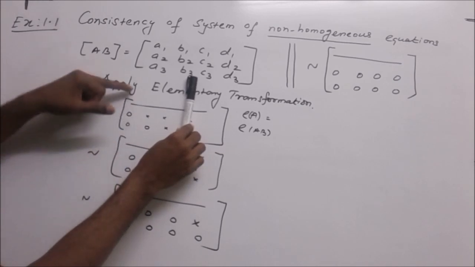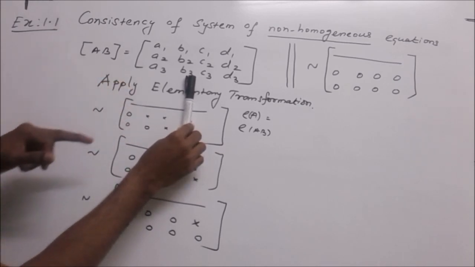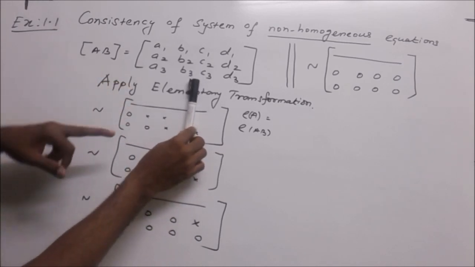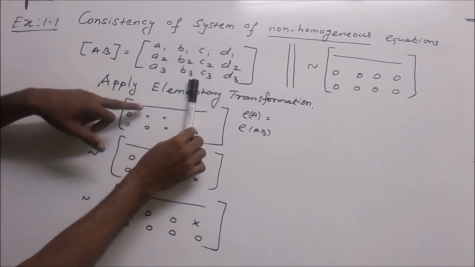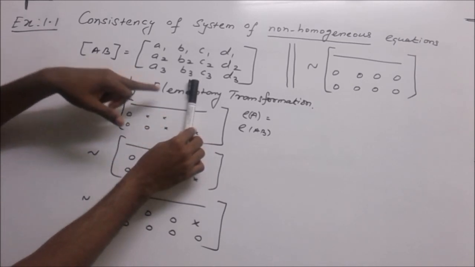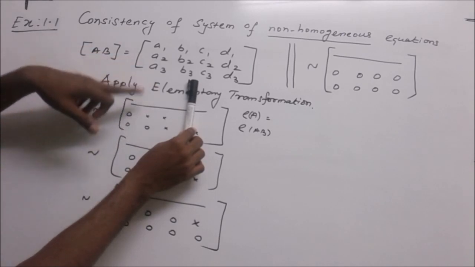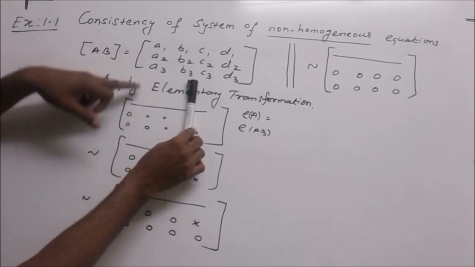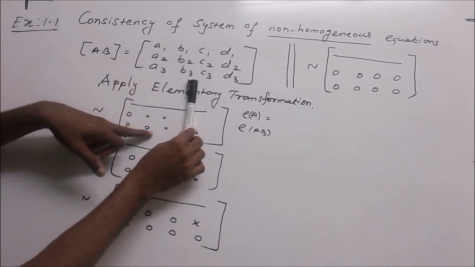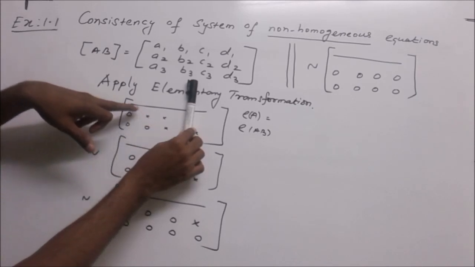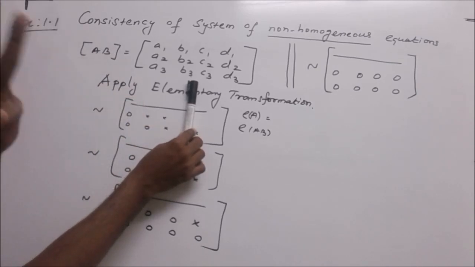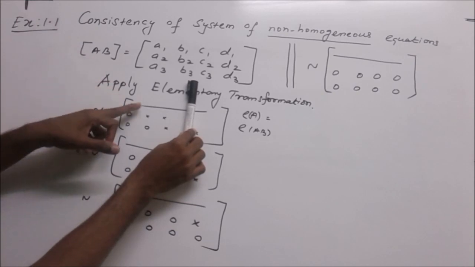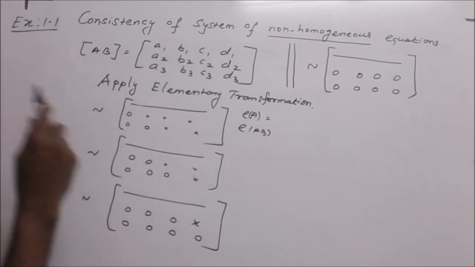Then count the number of non-zero rows. If we close the last column, there are 3 rows here. They represent matrix A. Now the rank of A is nothing but the number of non-zero rows: here a non-zero row, here also a non-zero row, here one non-zero row. There are 3 non-zero rows. Therefore the rank of A is equal to 3.